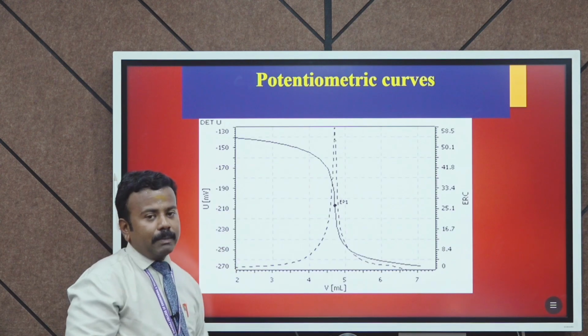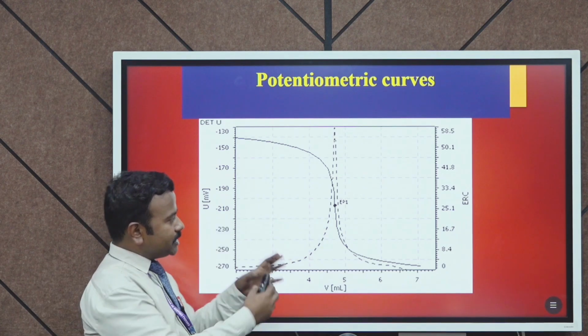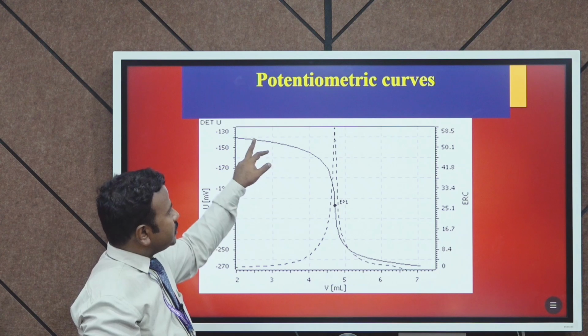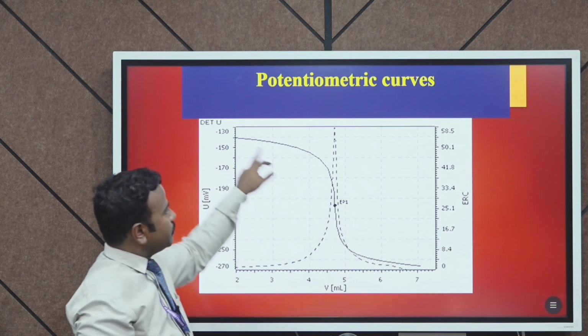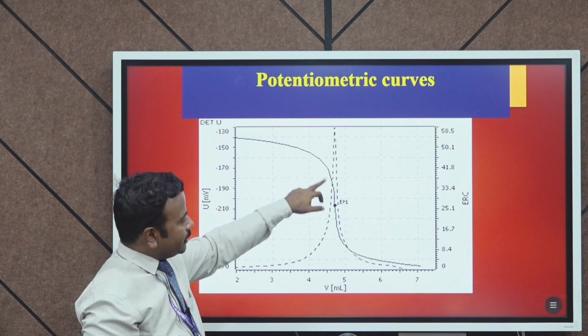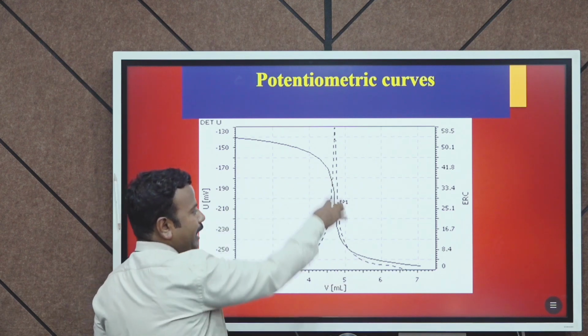Normally the potentiometric curves are like this. Here two different graphs are merged. This one indicates the precipitation titration. The EMF changes drastically, and from that we cannot find the equivalence point exactly.